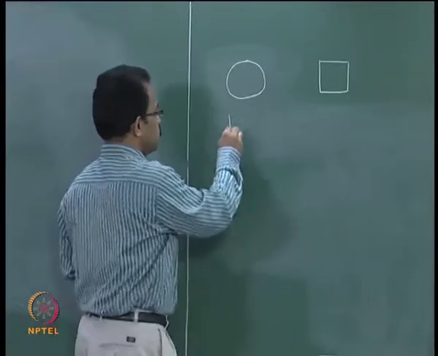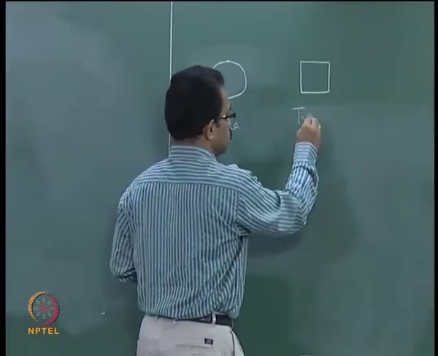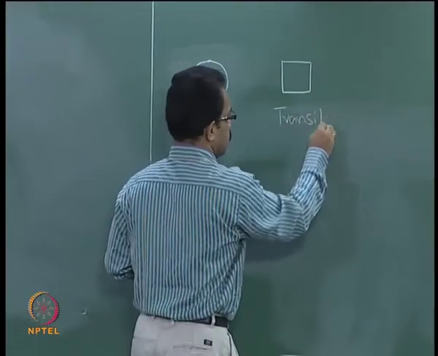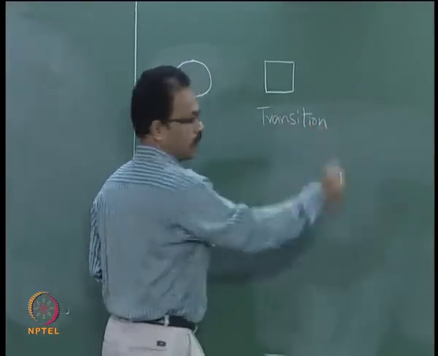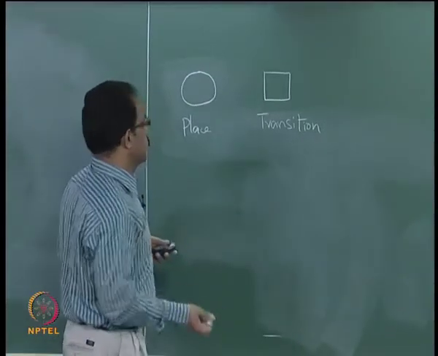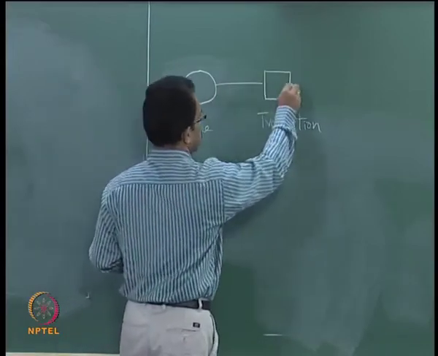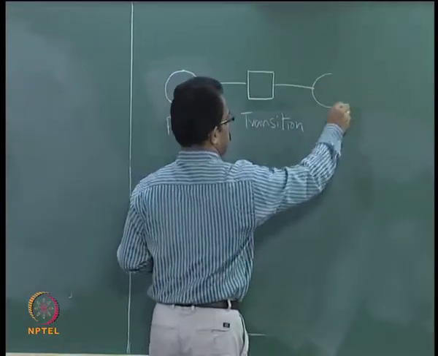This is a place, this is a transition, and then we have the arcs which represent the movement or the dynamics of the system.